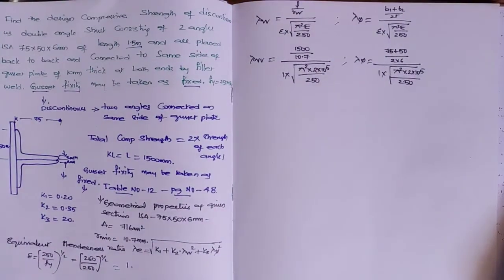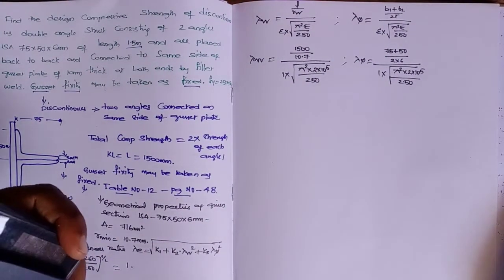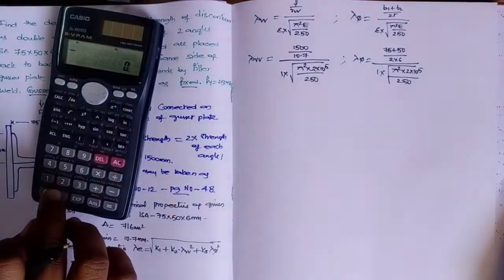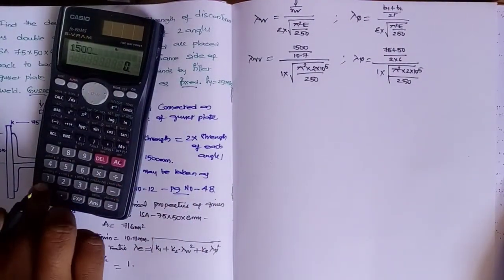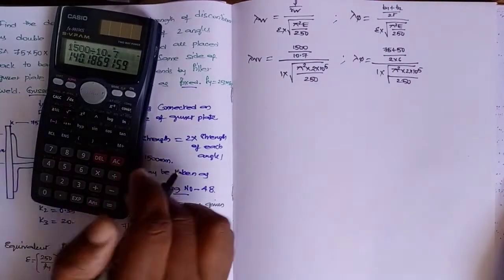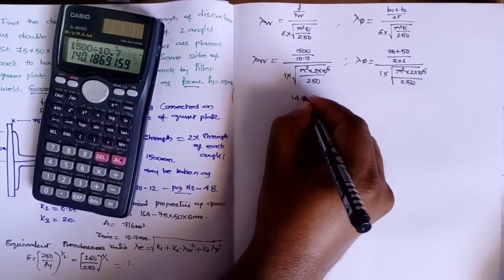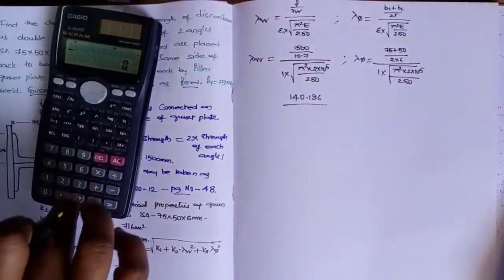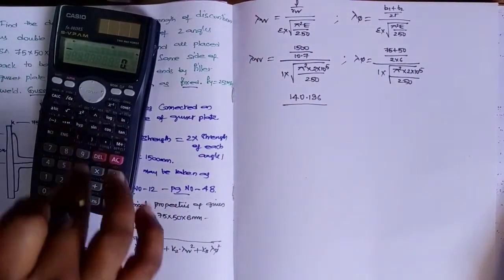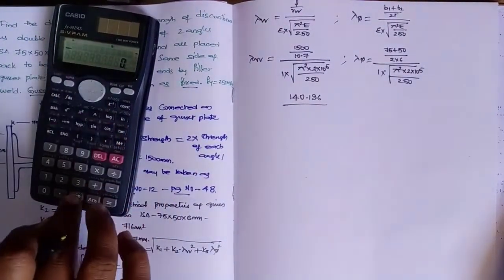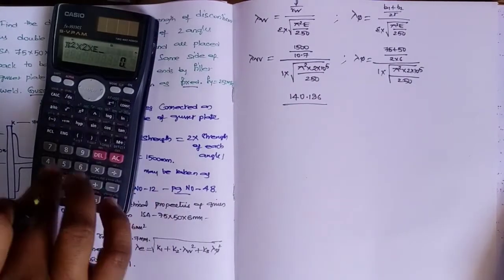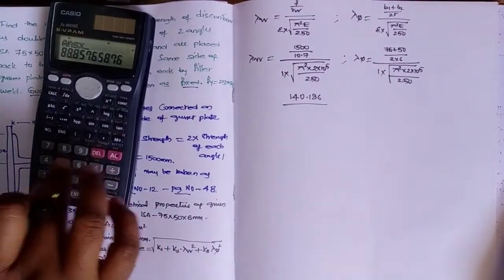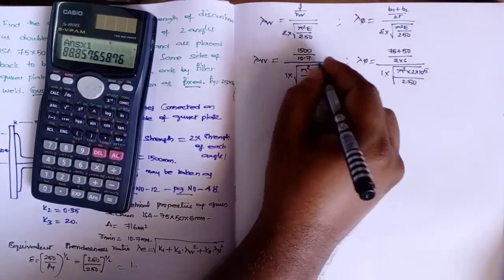Okay, now if I solve these individually, first I solve this one. 1500, I will solve it clearly. So in the numerator 140.186 divided by root of pi square into 2 into 10 power 5 divided by 250, into 1. So complete this is 88.85.